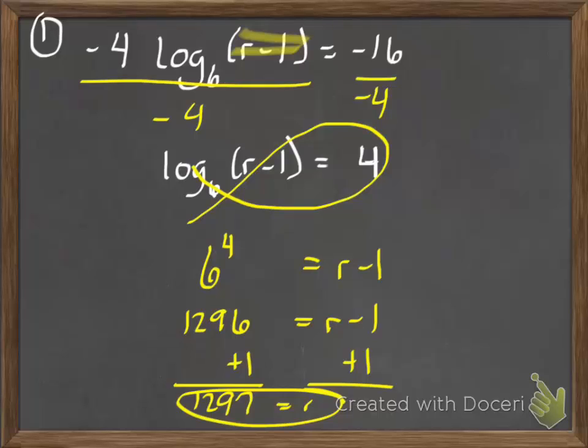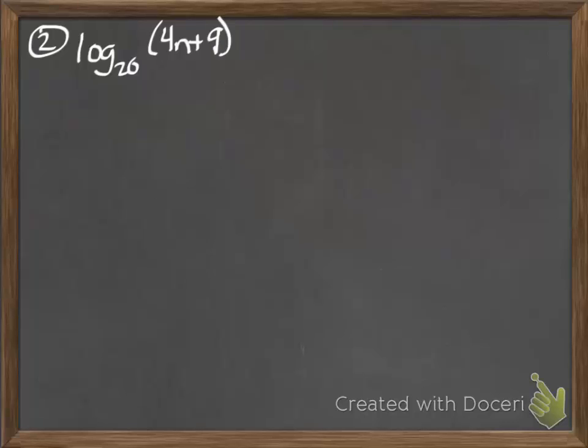About half your problems are going to be in this setup, where there's just a single log. Let's look at some problems where there are 2 logs. Log base 20 of 4n plus 9 equals log base 20 of 5n plus 4.